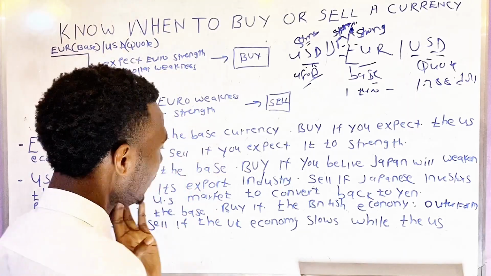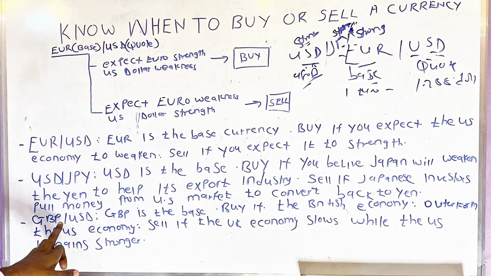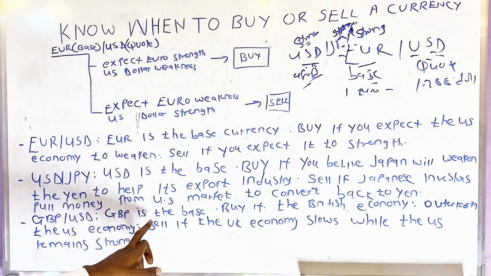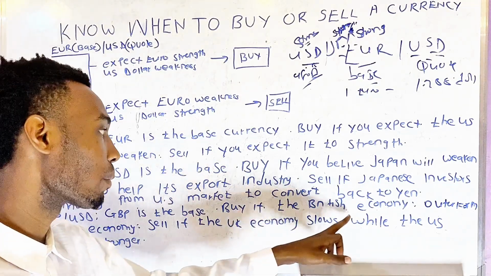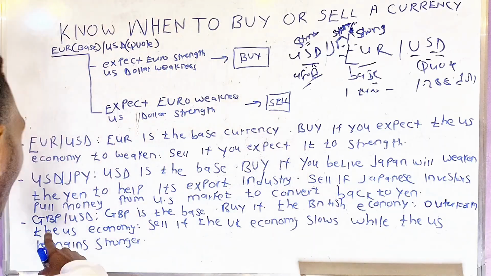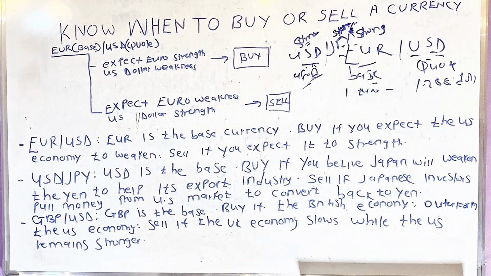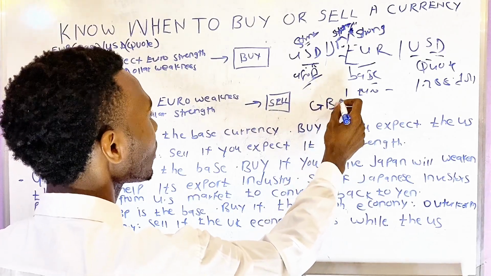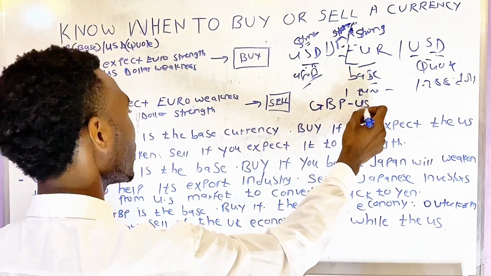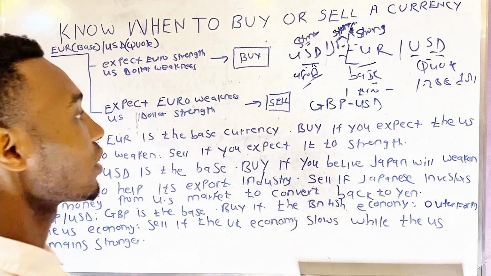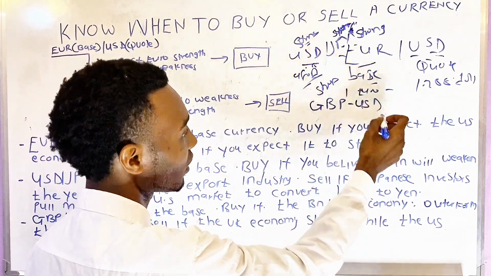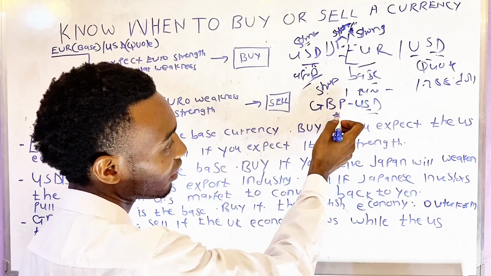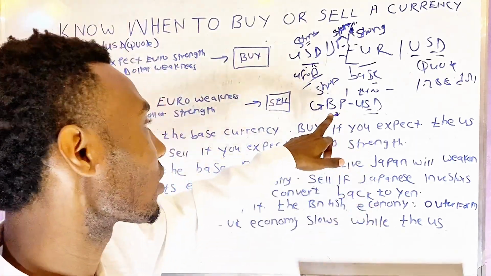The same applies to the British pound and the USA dollar. GBP is the base. Buy if the British economy outperforms the US economy. If the economy of the GBP is strong, it will change the economy of the USA, so you buy the British pound.